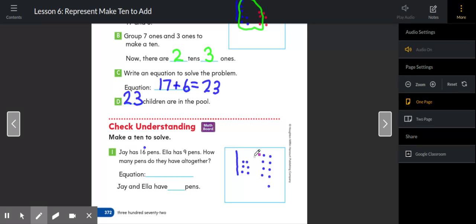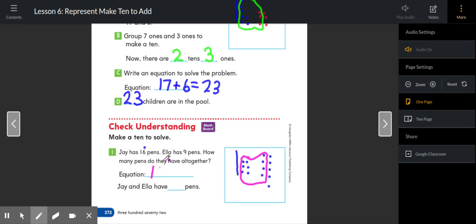And I know, because I've played Make a 10 and I know the rules, 6 plus 4 makes 10. And if you don't know that 6 plus 4 makes 10, first of all, you should be getting that on reflex and practicing that. But if you don't know that 6 plus 4 equals 10, then just count them. 6, 7, 8, 9, 10.